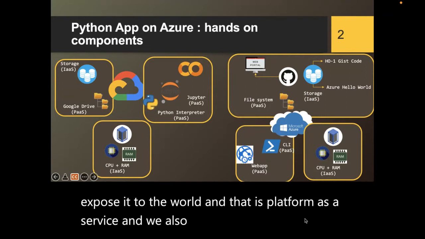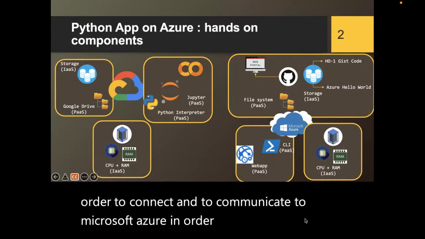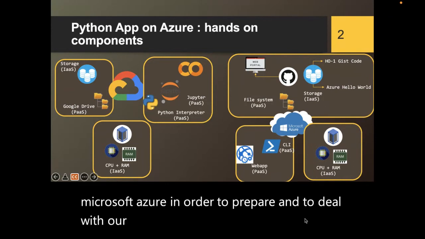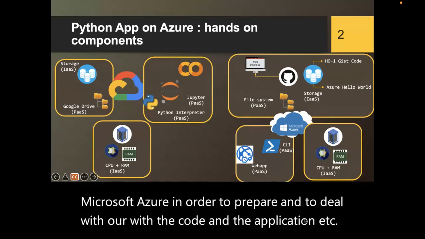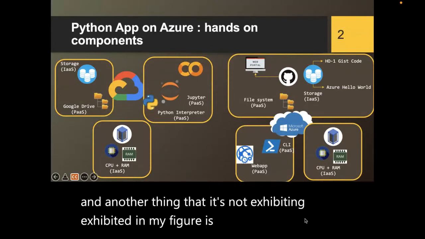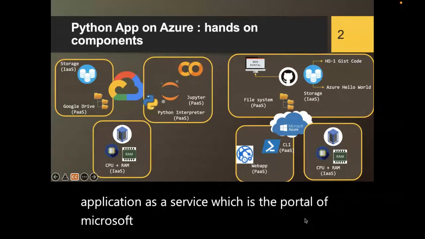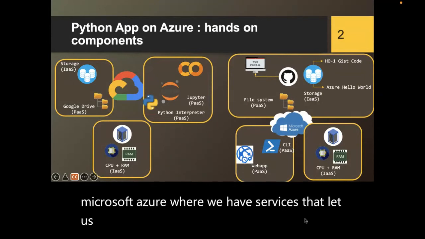And we also saw that we used CLI in order to connect and communicate to Microsoft Azure in order to prepare and deal with the code and the application, etc. And another thing that is not exhibited in my figure is that we used, in fact, an application as a service, which is the portal of Microsoft Azure, where we have services that let us manage the services that we are using there.